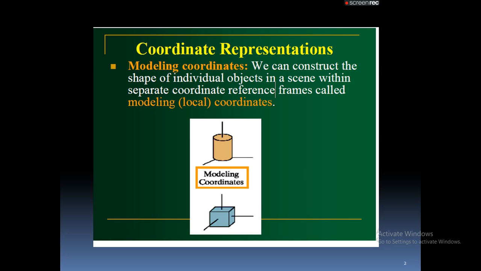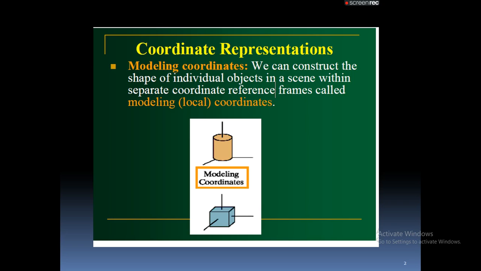Once the object has been created, next we need to display that created object on the screen of the monitor. Displaying the image on the screen of the monitor is called two-dimensional viewing.